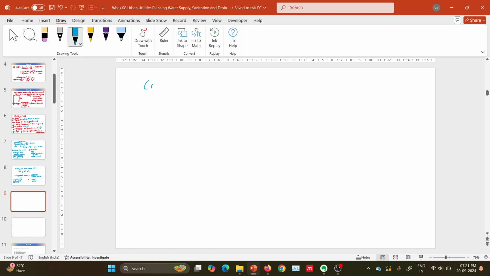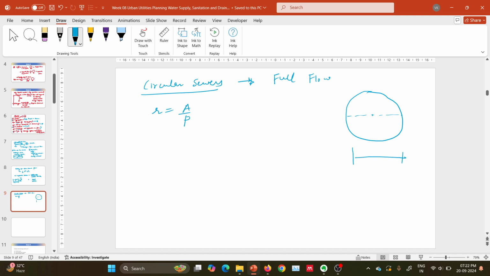For circular sewer, R is equal to A by P. Let's calculate it for full flow. This is the dia. Area is pi upon 4 d square. Perimeter is pi d.